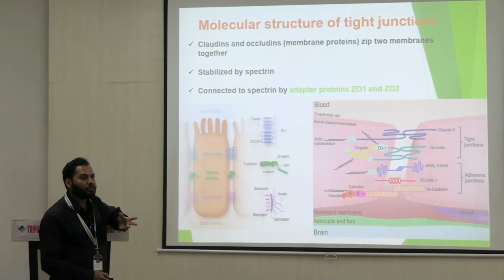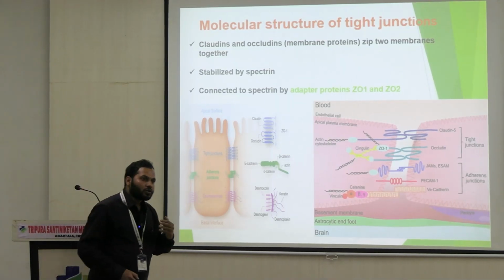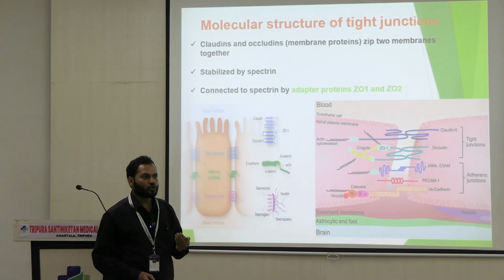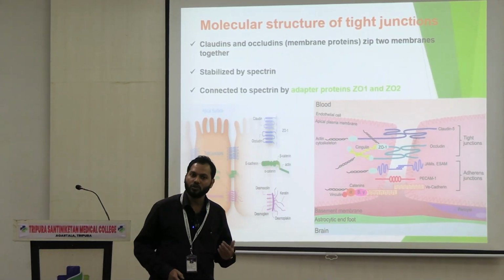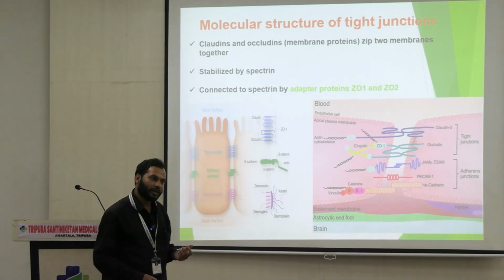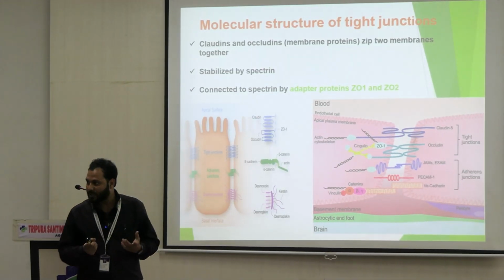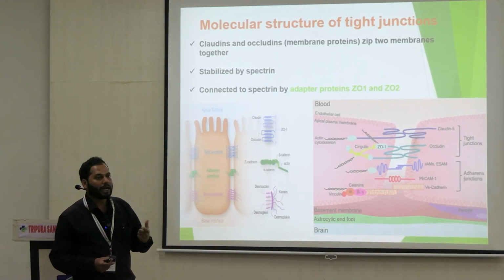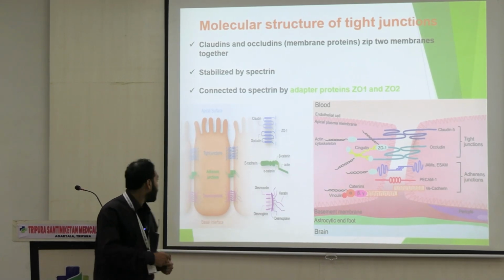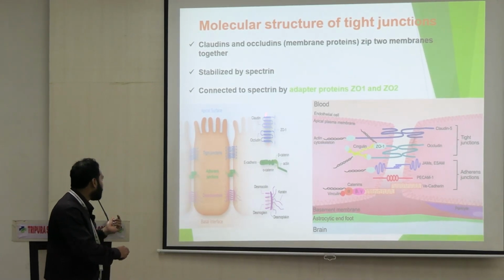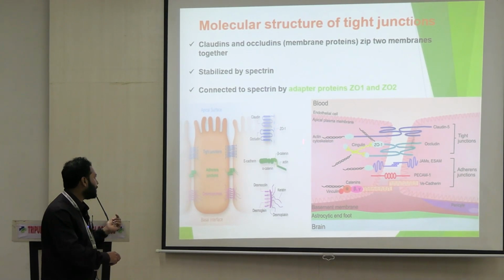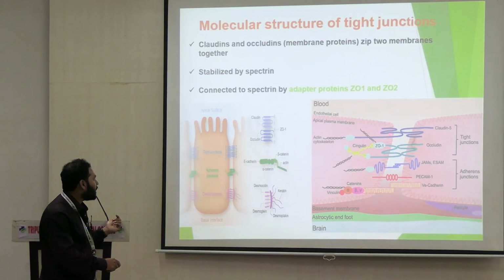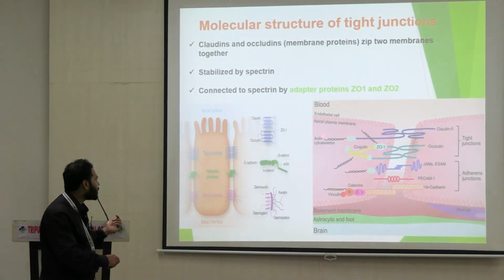If you see the types of zooprotein, there are different types like zo1, zo2, zo3, or zona occludens 1, 2 and 3, right? Based on the cell types, you can see different types of adapter proteins. So these are the zooproteins that are involved in the attachment of these transmembrane proteins to the cytoskeletal filament, mainly actin filament.